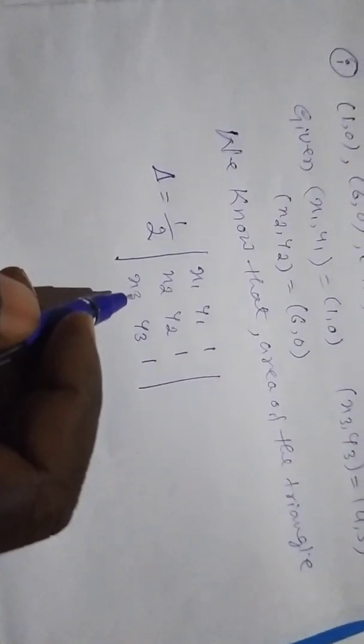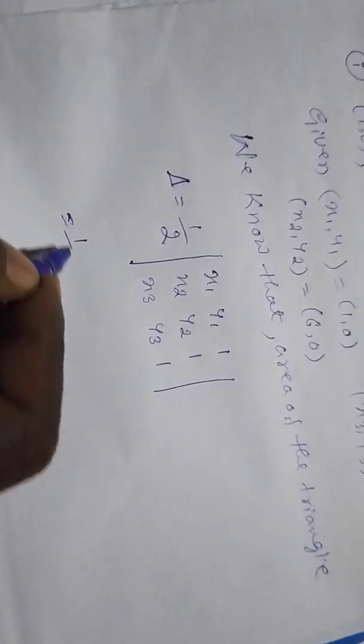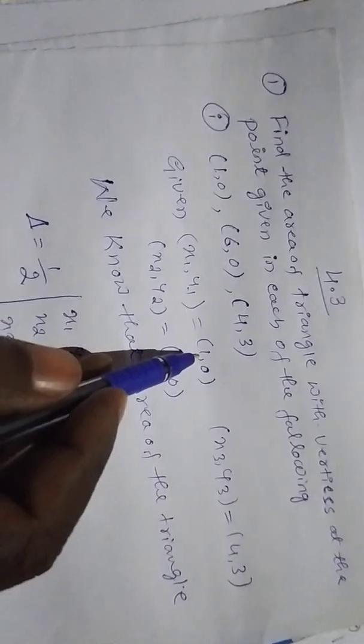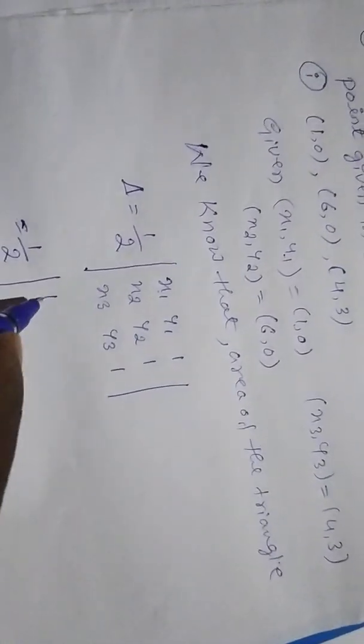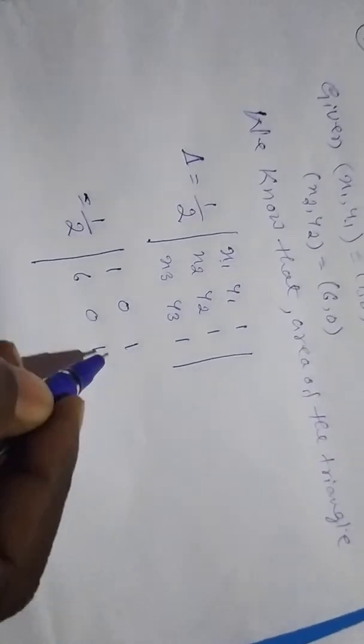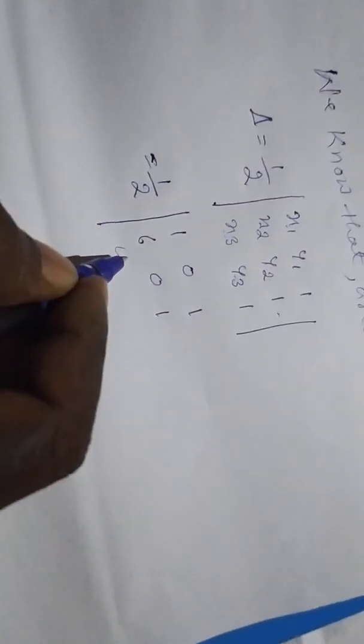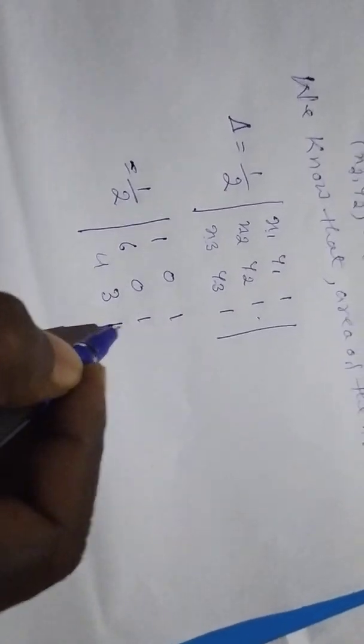Put the values of x1 y1, x2 y2, x3 y3 here. That is half into the determinant with rows 1 0 1, 6 0 1, and 4 3 1.